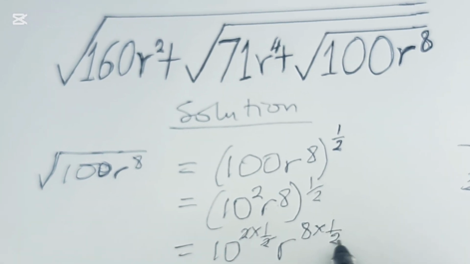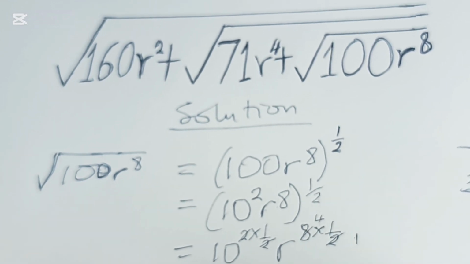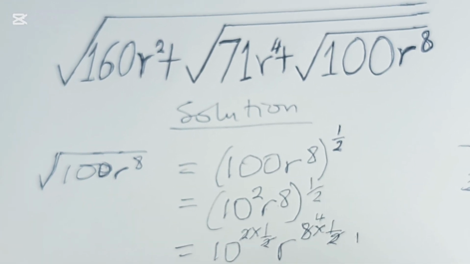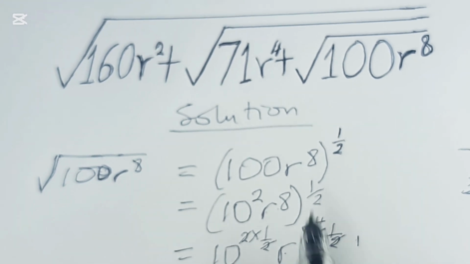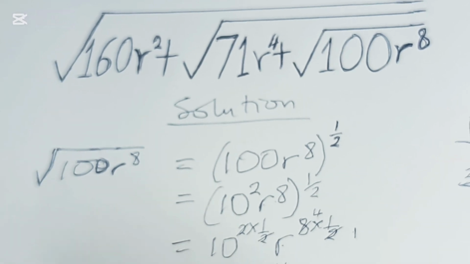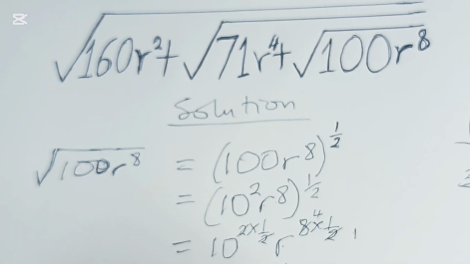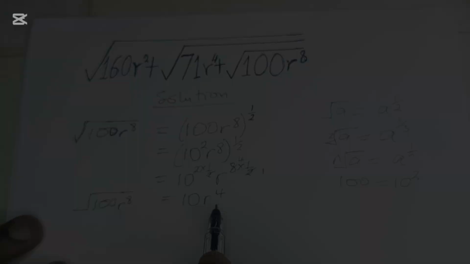This cancels this: 2 here, 1 over 2; 8 times 1 over 2 is 4. So we have 10r raised to the power of 4. So the square root of 100r raised to the power of 8 will give us this.